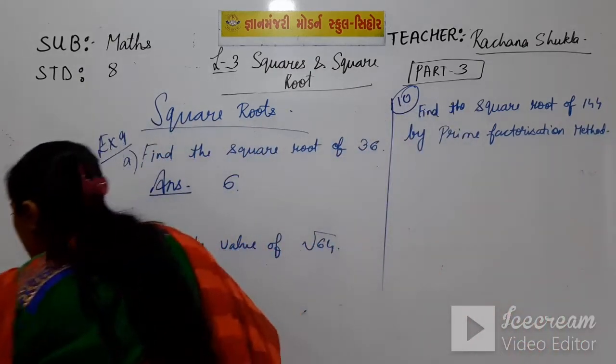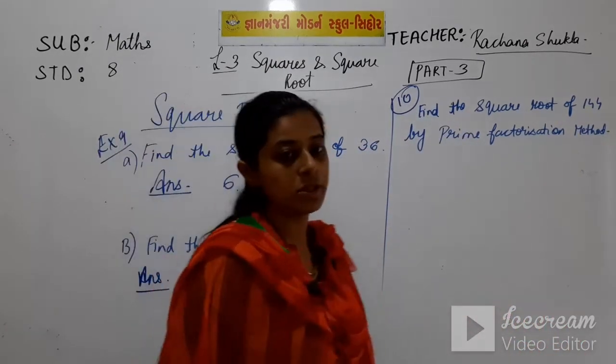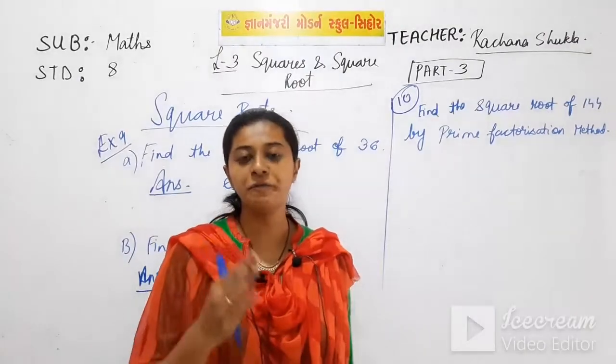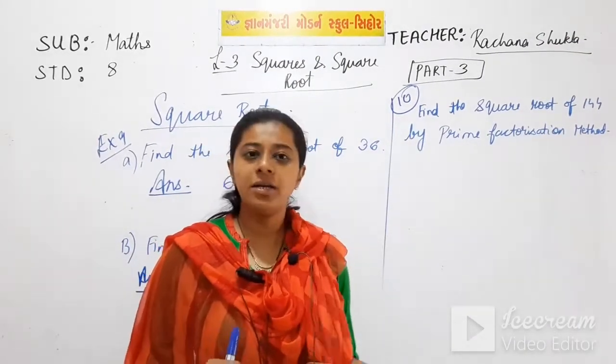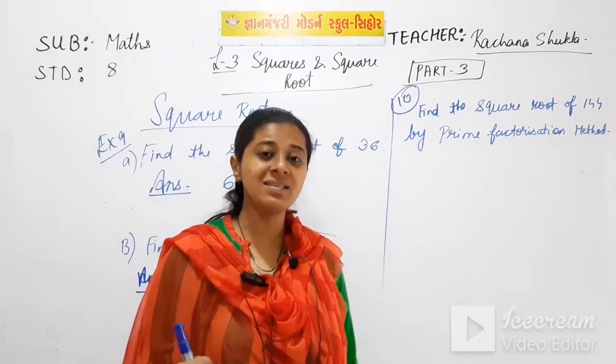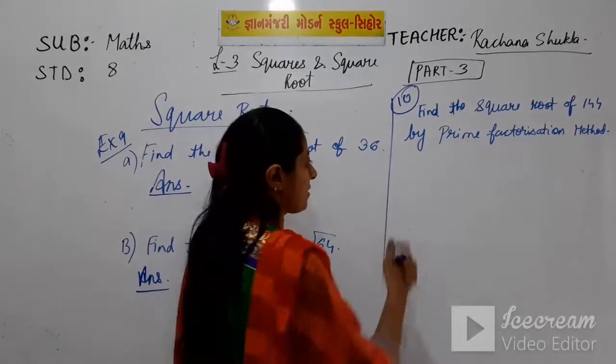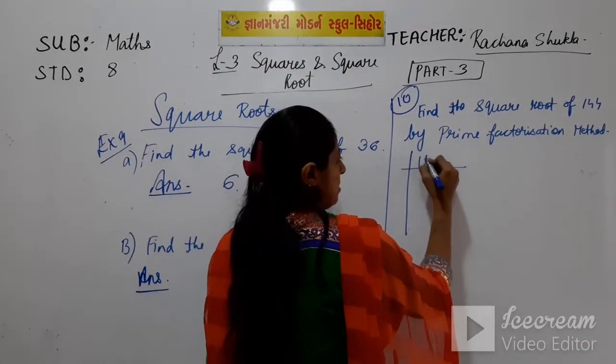So you have to find out the square root of 144 by prime factorization method. That means the LCM method, by finding the factors. Very easy.